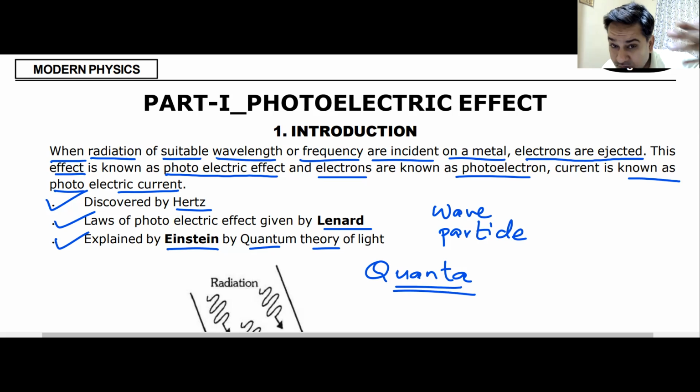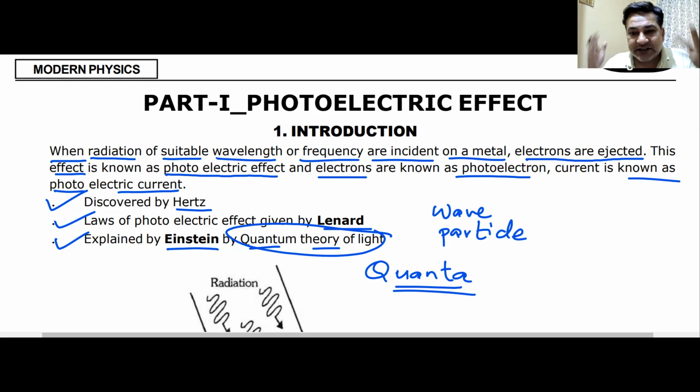Yes, sir. Light has got dual nature because some phenomena can only be explained by particle nature of light. When I say particle nature, we call it the quantum theory of light. The other things can only be explained by wave theory of light, interference, especially.